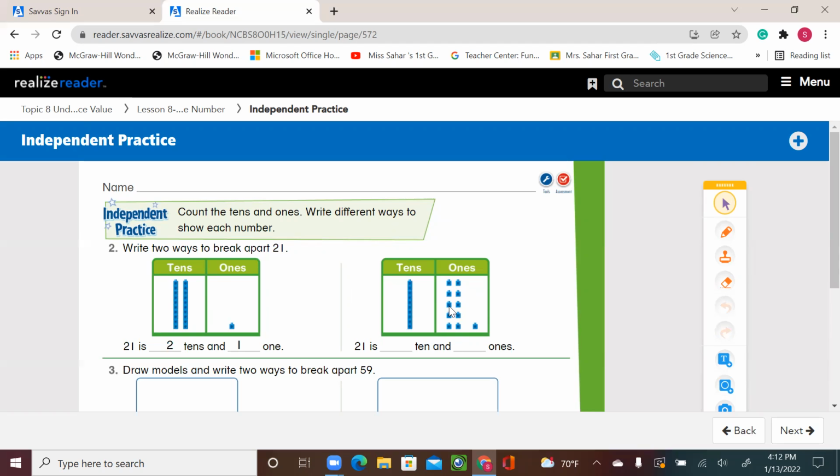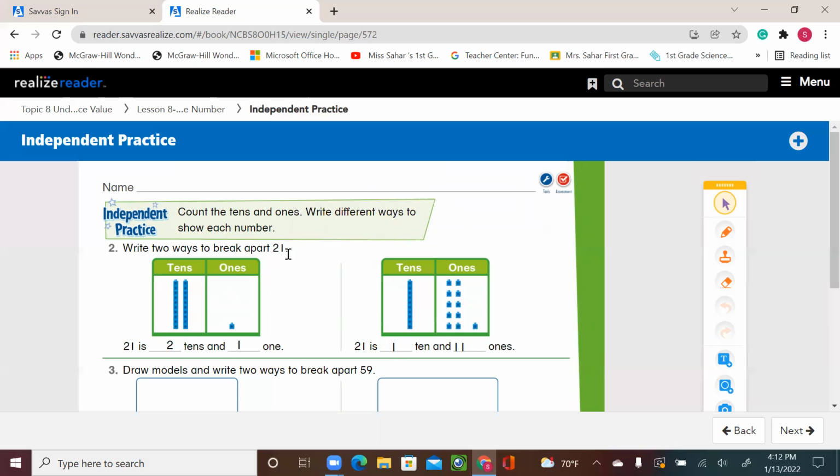1, 2, 3, 4, 5, 6, 7, 8, 9, 10, 11. So I can make 21 by having 1 ten and 11 ones.